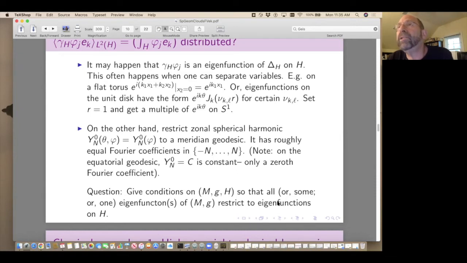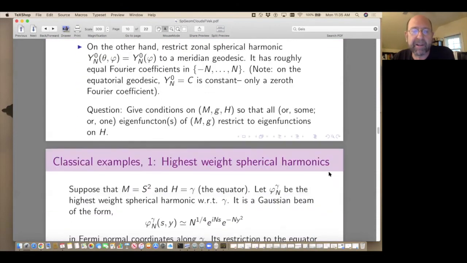To my knowledge, it's not known exactly when restrictions of eigenfunctions of the big manifold are eigenfunctions of the submanifold. You can pose that problem in the strong form by assuming all of the eigenfunctions have that property, or just that some eigenfunctions have that property. You have your choice. But in any case, it's not known.